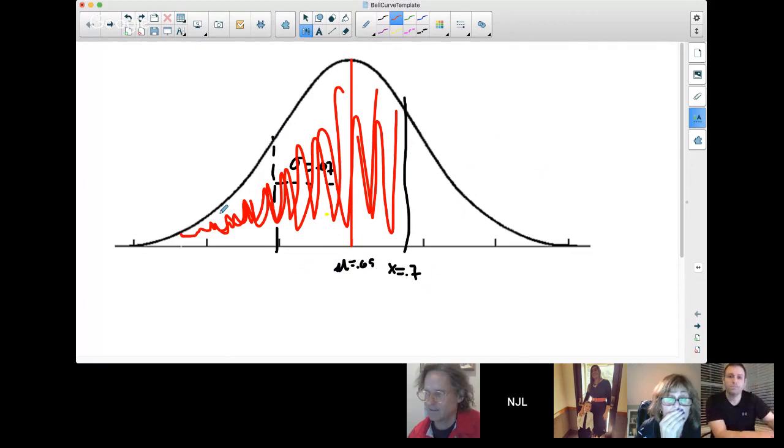Mm-hmm. And so I need to figure out what that area is. Well, the only way I can do it relatively cleanly is to use that normal probability applet, but I can't put in raw data. I have to do standardized data, to standardize this 0.7 value.